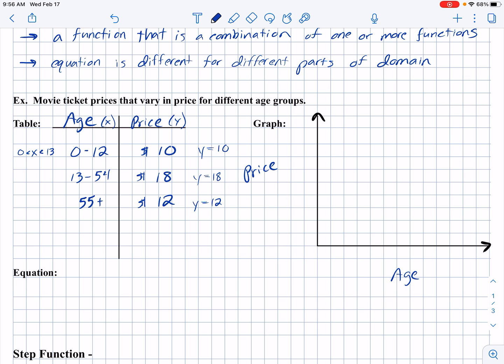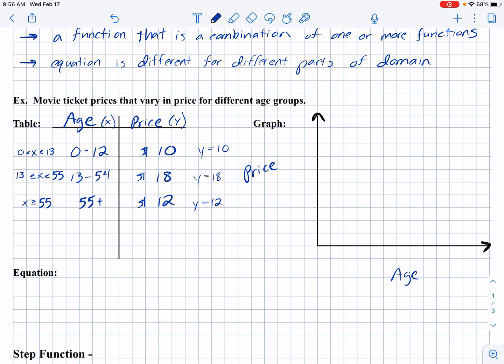If you're 12 years old and 11 months, you're still 12 years old, so you still get charged that $10 price. Then everything less than 55 years old and greater than or equal to 13 years old is that standard, I guess, adult price. And then everything greater than or equal to 55 years old is that senior discount.